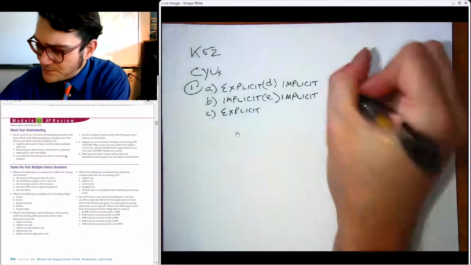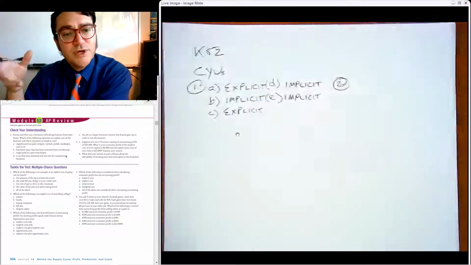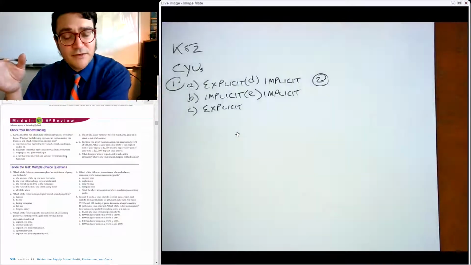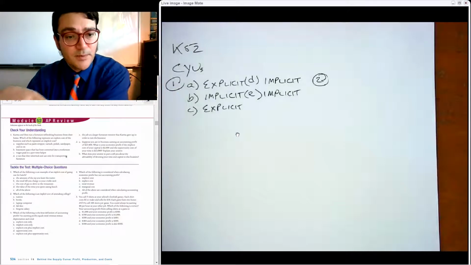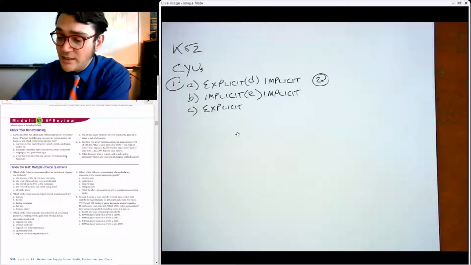Now, number two says, suppose you're in a business earning an accounting profit of $25,000. What's your economic profit if the implicit cost of capital is $2,000 and the opportunity cost of your time is $23,000?